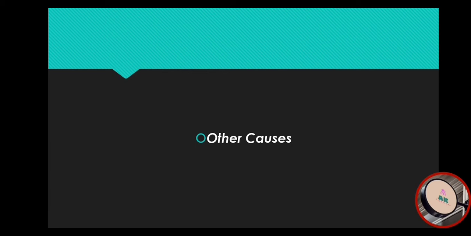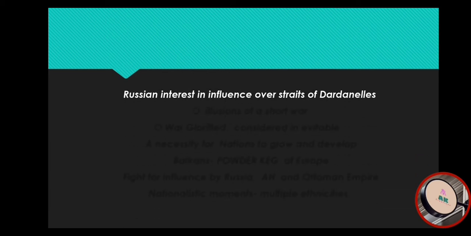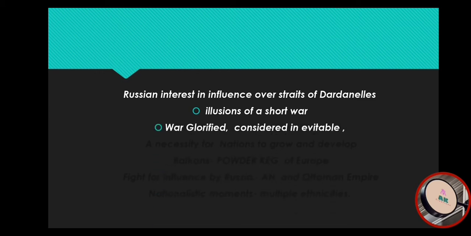Other and immediate causes to start the First World War. We'll have a look at them. Russian interest in influence over the Straits of Dardanelles, and illusions of a short war. At that time short wars were going on, and day by day they were increasing.